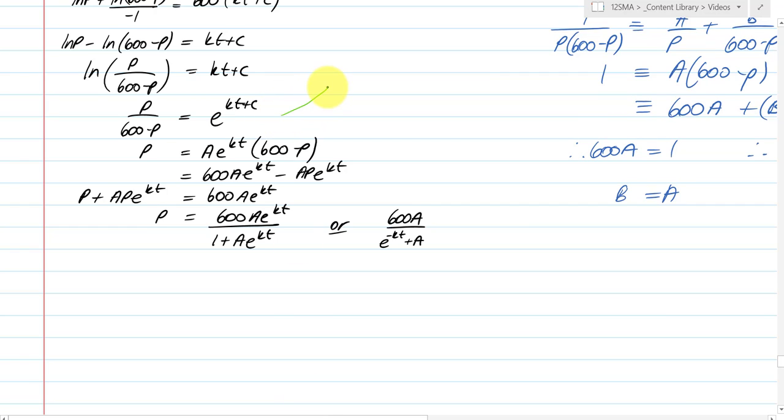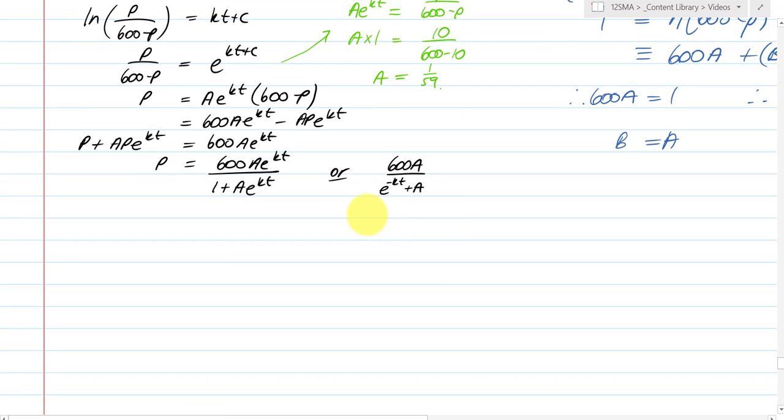So if I jump in here, then I get A e to the kt is equal to P over 600 minus P, and at time equals 0, P is equal to 10. So I get A times e to the power of 0, which is 1, is equal to 10 over 600 minus 10, and that gives me A is equal to 10 over 590, which is 1 over 59. That's my first one, and so now I've got an A value.